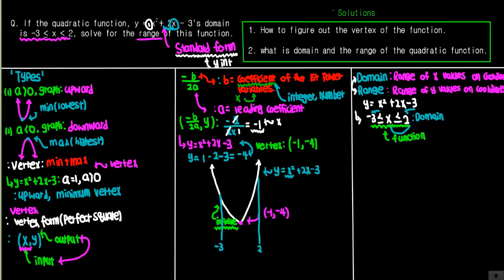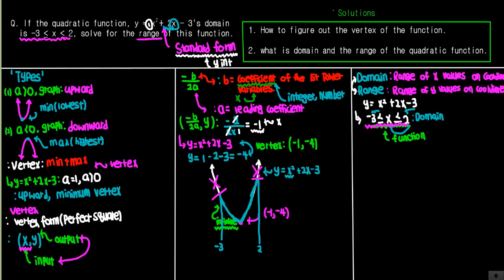If they gave us the domain, we're only caring about the function inside our domain, which means we're only caring about the part that I'm coloring right now. So we don't have to care about the other parts. We're only caring about our limitation. First, -3 right over here is included. The 2 right over here is also included.